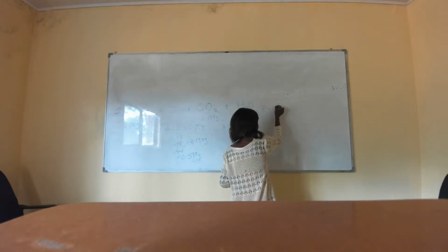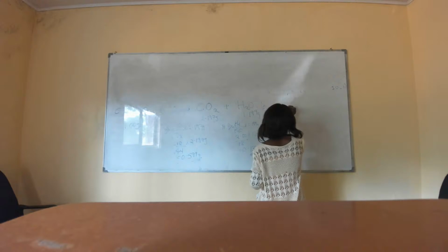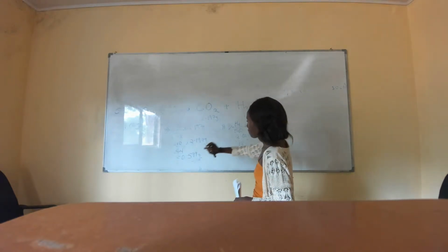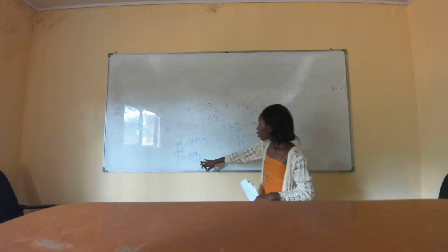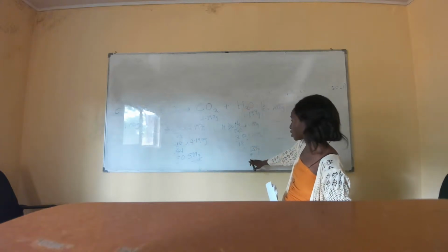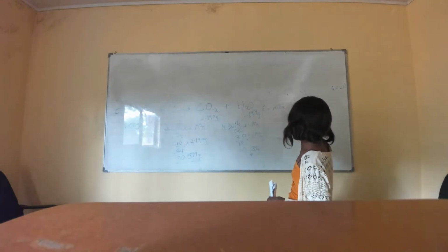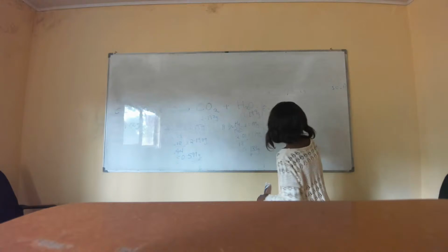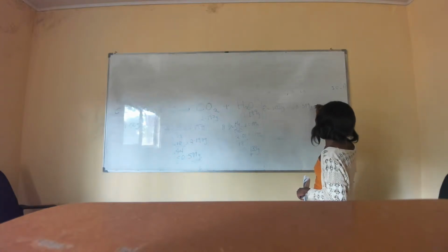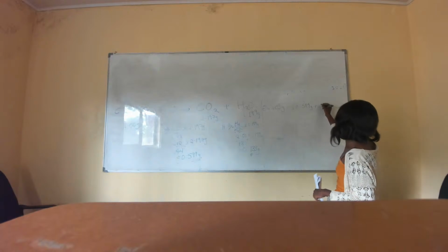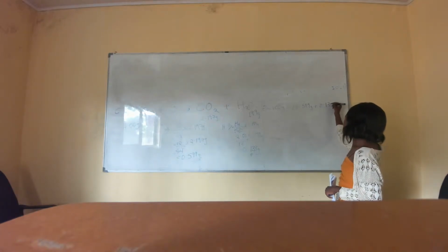So we're going to say mass of oxygen will be equal to 1.00 grams minus the mass of carbon and the mass of hydrogen. So the remaining mass is for oxygen. So we're going to simply add the two: 0.599 grams plus 0.133 grams.